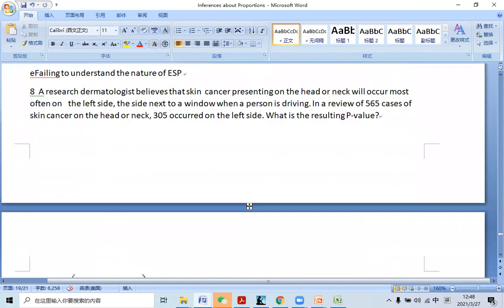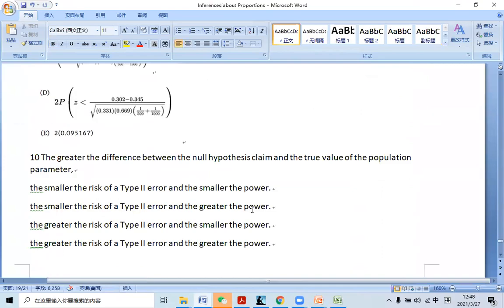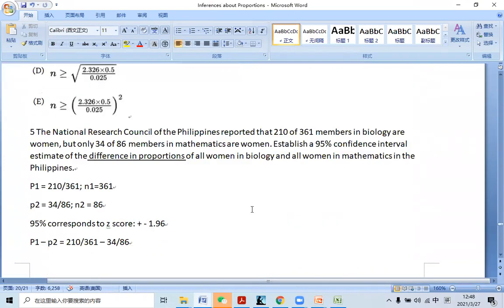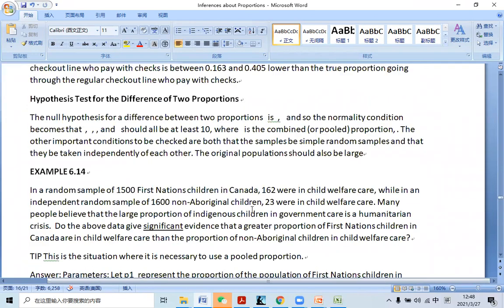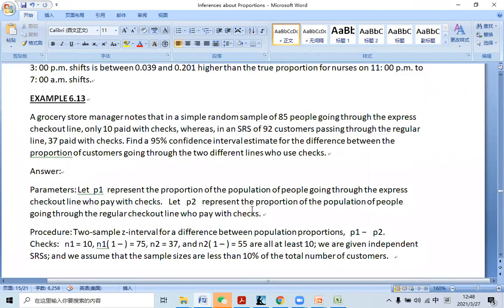It's 1.65 standard deviations above the mean and below the mean.